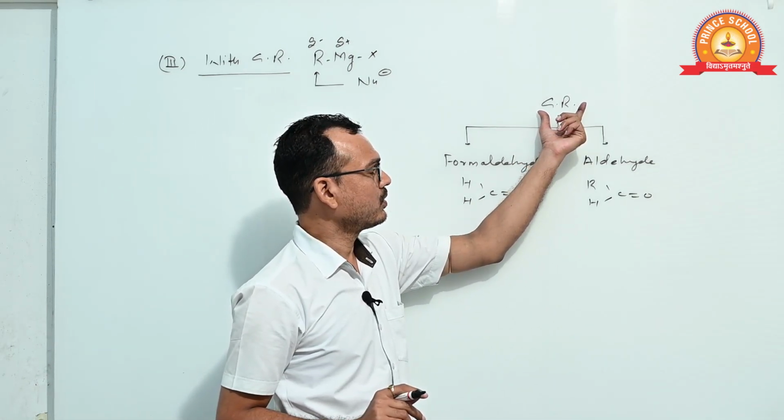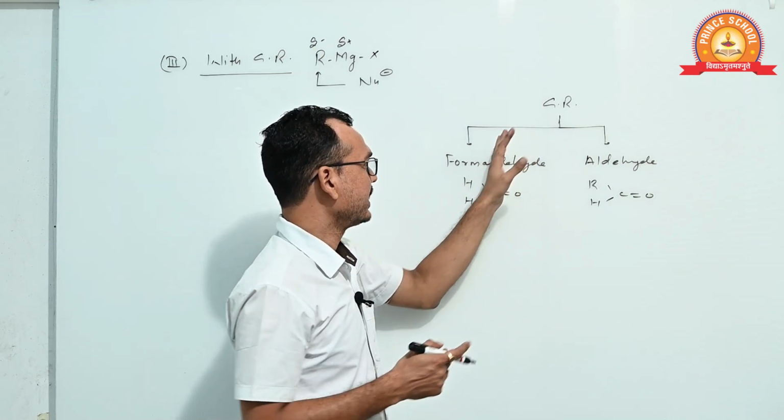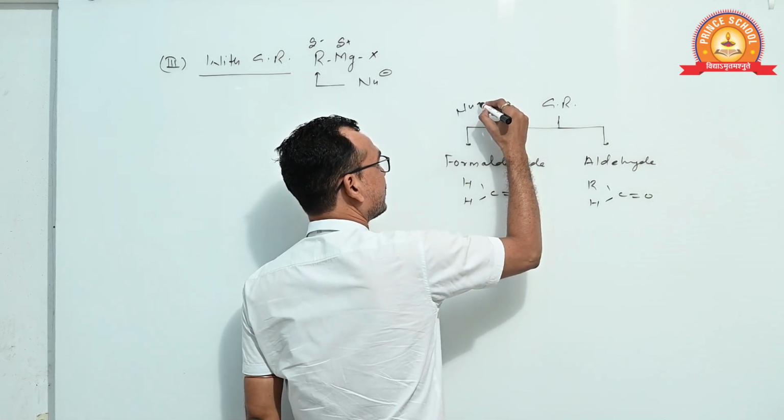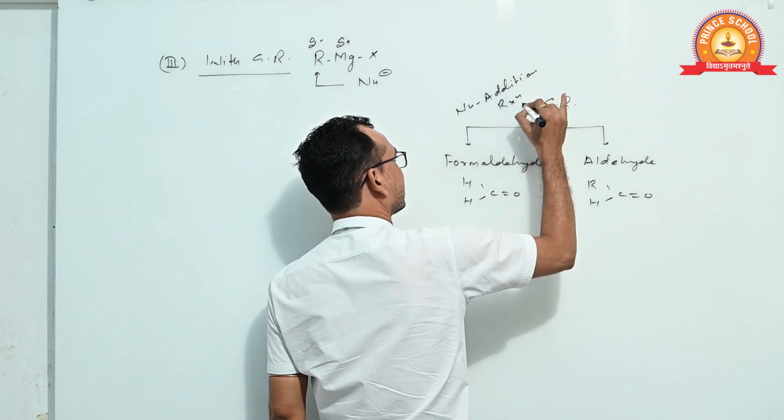When Grignard reagent reacts with a carbonyl compound, the type of reaction is nucleophilic addition reaction. Clear?